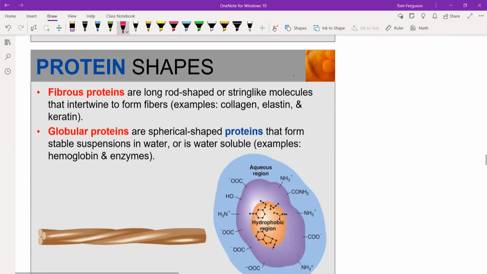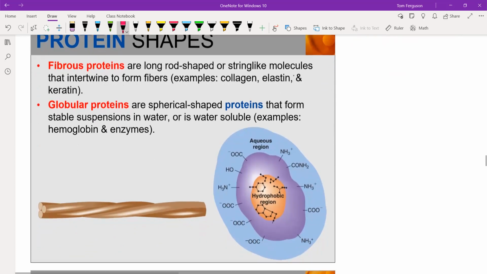There are 2 main types of proteins: fibrous and globular. Fibrous proteins are long. When you think of hair, muscle fibers, meat, those are fibrous proteins. Globular proteins are the opposite.